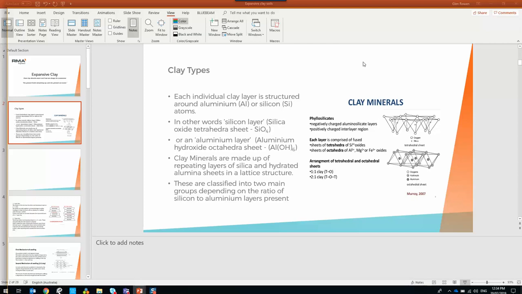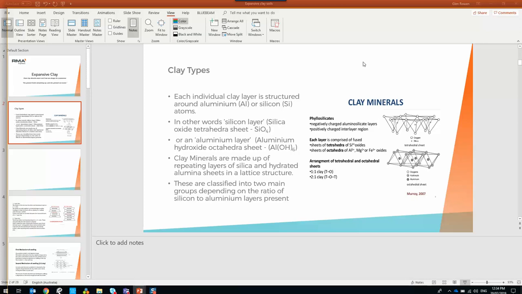Does this make sense? Depending on the type of clay, it will depend on which sort of bond you've got between those alumina sheets. Like with a kaolinite, it's just got a very strong hydrogen bond, and it doesn't expand very much, and it can absorb about 70% water by weight. Illite, which is the guy in the middle, has got a strong potassium bond.